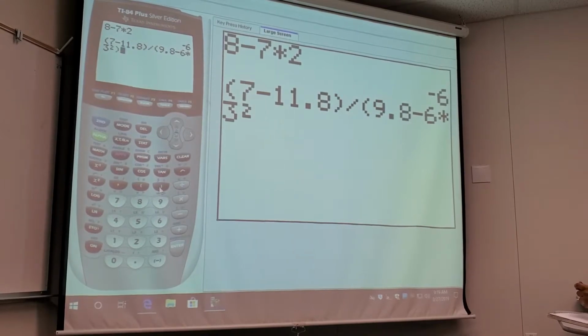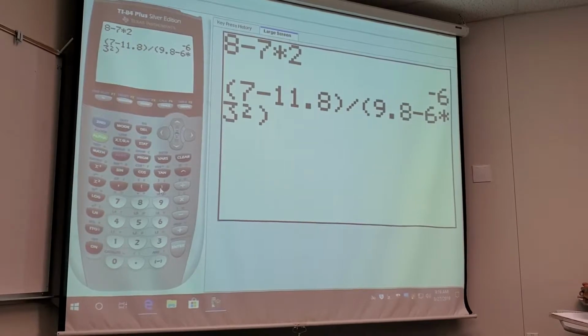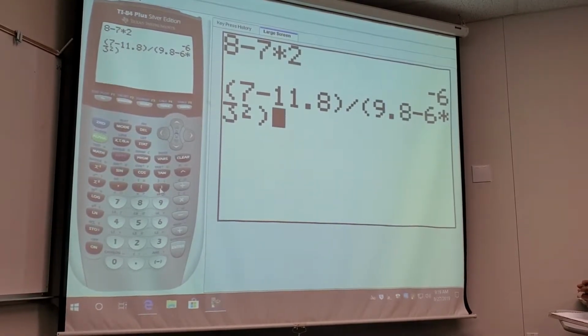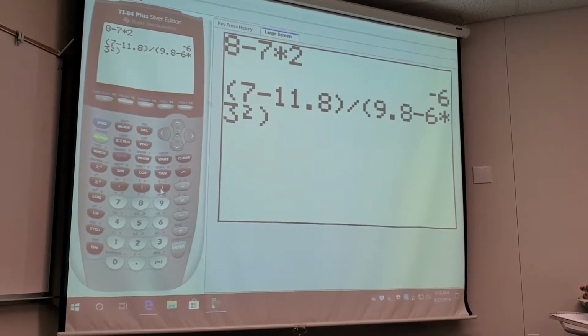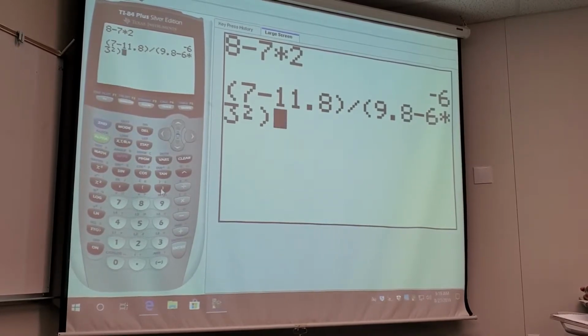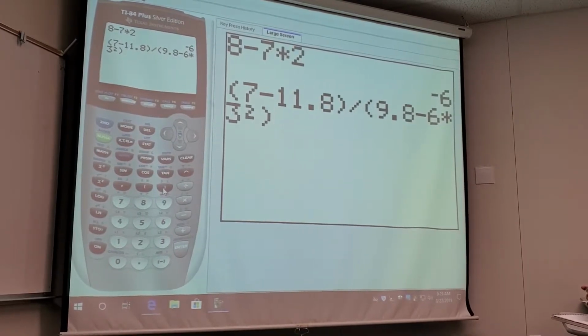This would be 7 minus 11.8 over 9.8 minus 6 times 3 squared. And if you just put this in there like 7 minus 11.8 divided by 9.8, you're not going to get the right answer.